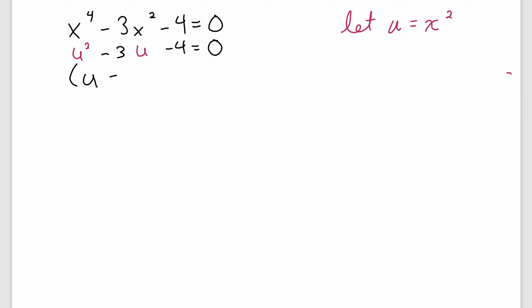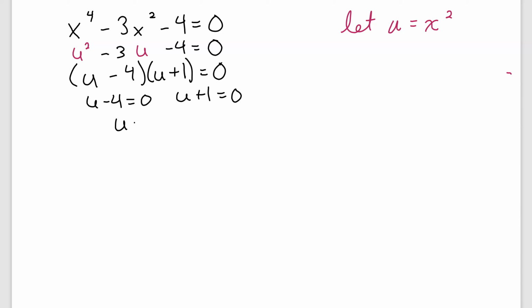and I would get u minus 4 times u plus 1 is equal to 0. So u minus 4 is equal to 0, and u plus 1 is equal to 0. So u is equal to 4, and u is equal to negative 1.